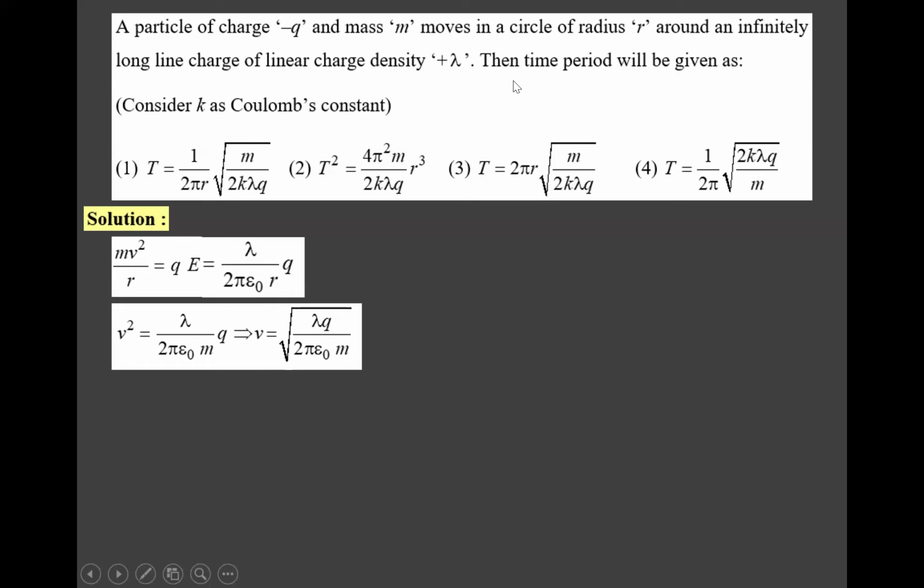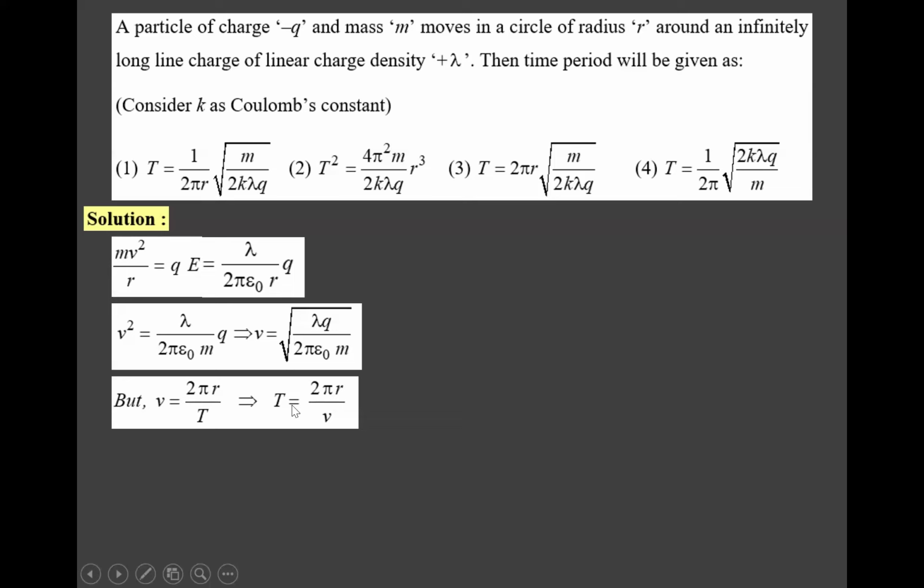Now we want the time period. The time taken to complete one revolution, capital T, equals the distance, that is 2 pi r when one revolution is completed, upon the speed v. So we can write v equals 2 pi r by T, and as per that, T equals 2 pi r by v.